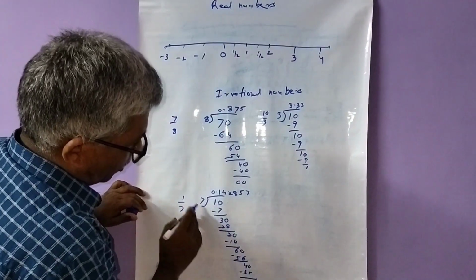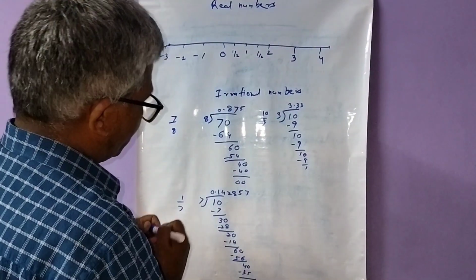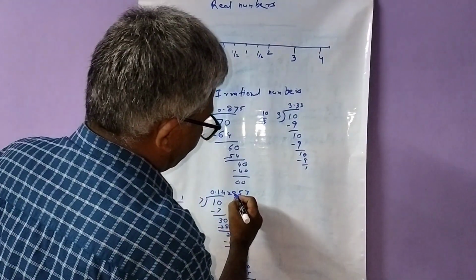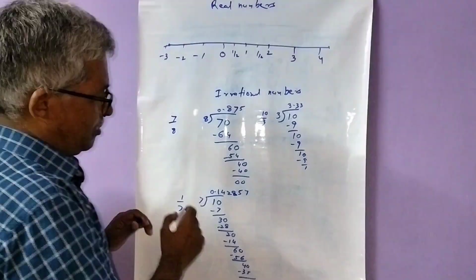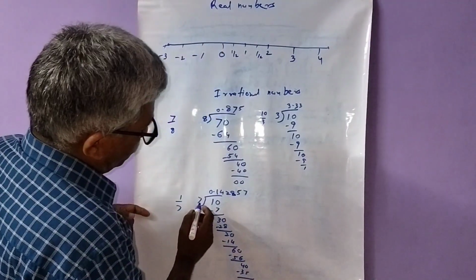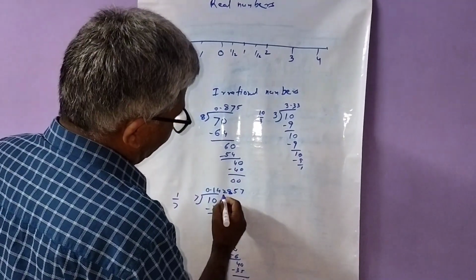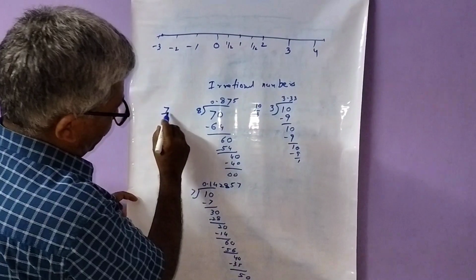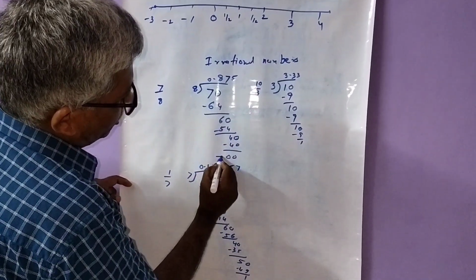So if you go ahead solving or trying to expand this, in the decimal expansion of 7 upon 8, the remainder is 0.